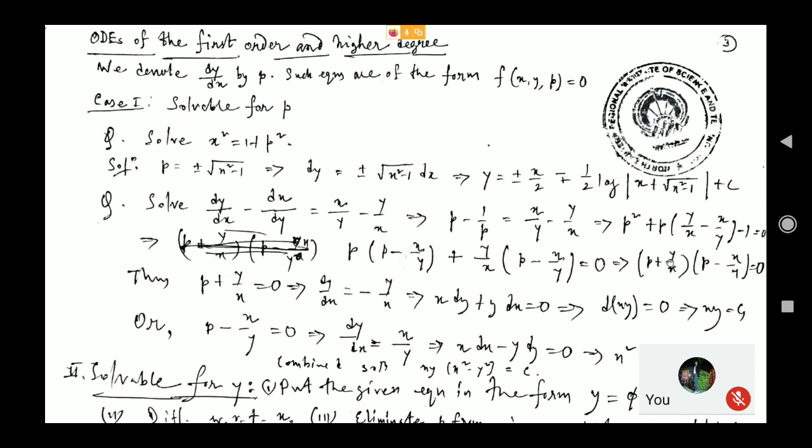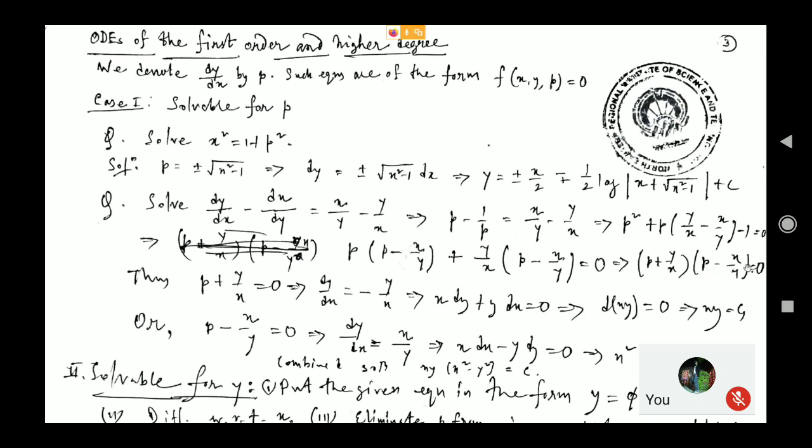Either this will be 0 or this will be 0, or both will be 0. Therefore, the second factor equal to 0 gives us this equation, which we can solve directly by putting it into exact form, f(x, y) equal to 0. So our solution is xy equal to c1, an arbitrary constant.